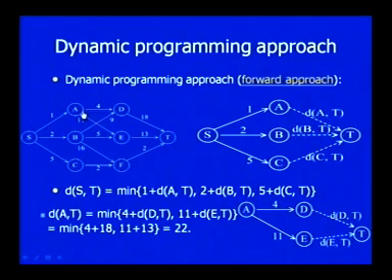From A I can go to D, and then from D I can come to T. The other thing is from A to E and then E to T.